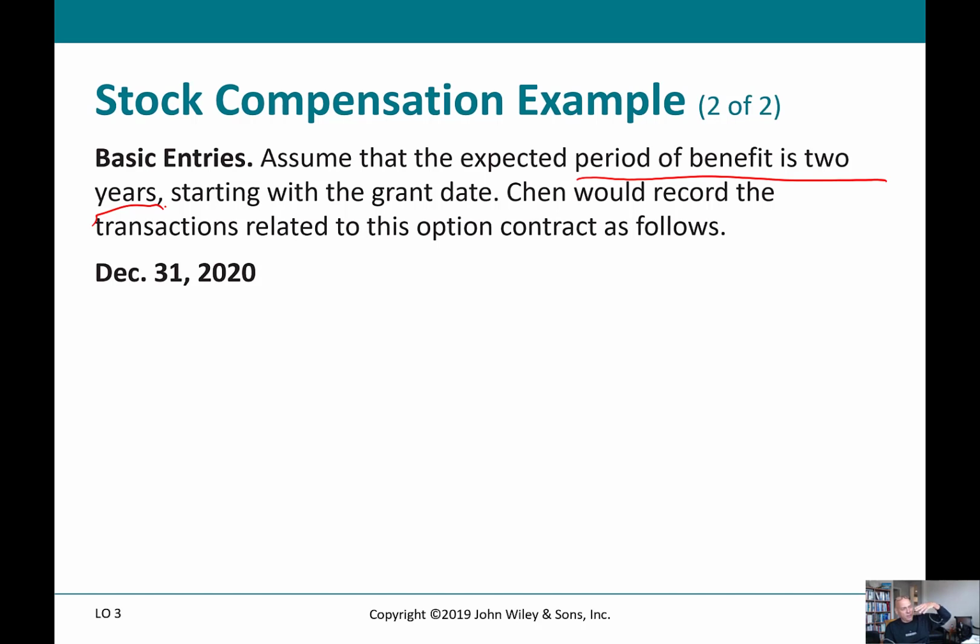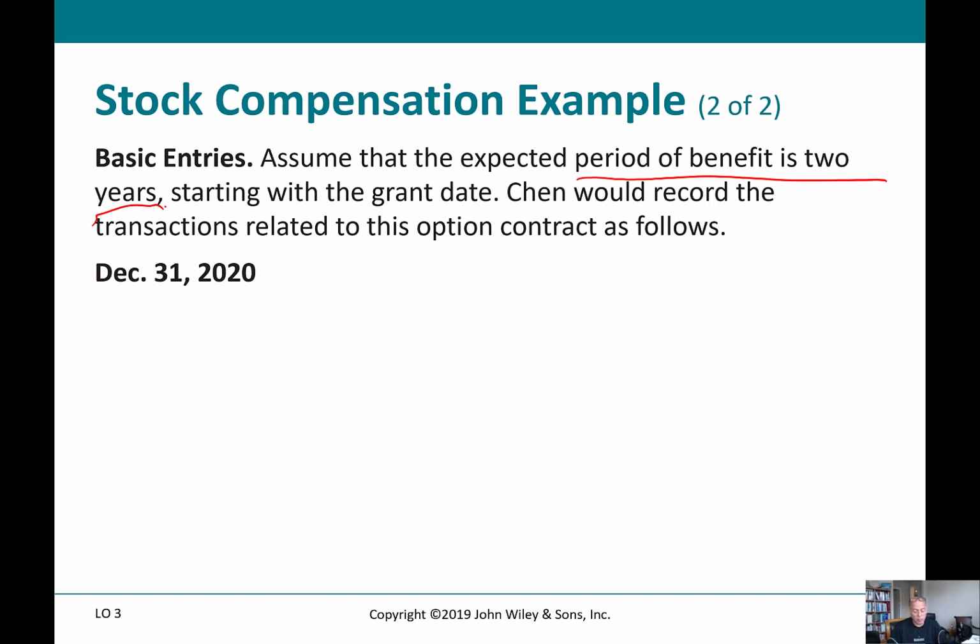And if they vest on it immediately, I don't know that the benefit for a 10-year open option would only be 2 years, because maybe I'm working harder beyond those 2 years to keep the price of the stock going up. The price of the stock keeps going up, and I've got this option price that's down here. I'm accruing more and more benefit on that. So anyway, they're giving us 2 years here to keep this example simple, I think.